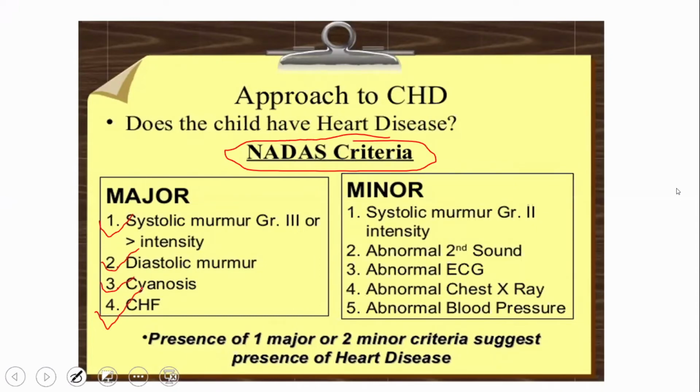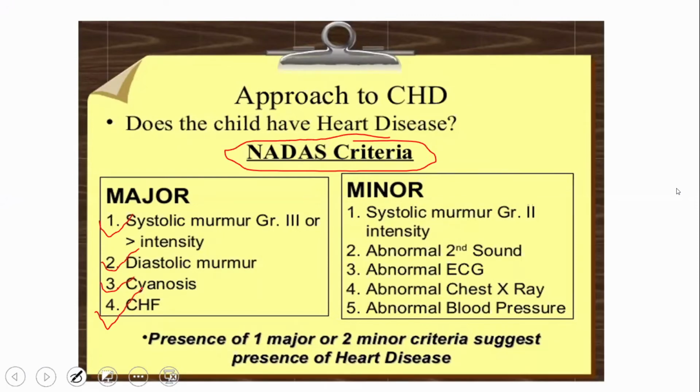Diastolic murmur, regardless of the grade, is major criteria. If the baby has central cyanosis, that is major criteria. If a baby has features of heart failure like hepatomegaly, crepitations all over the chest, raised JVP, that is the major criteria.